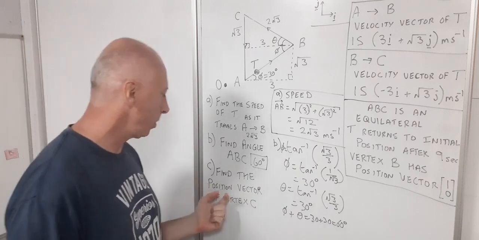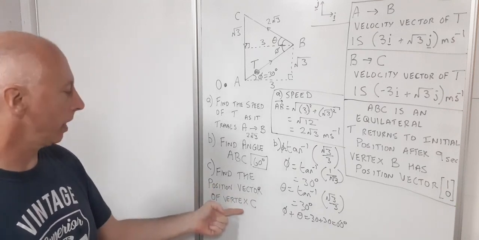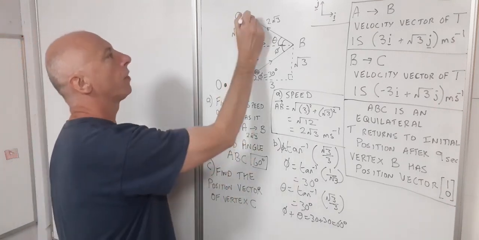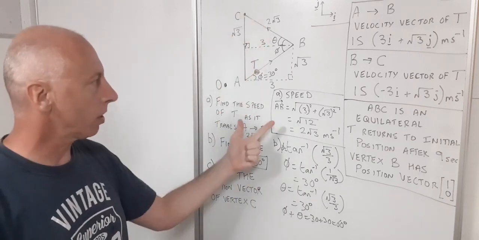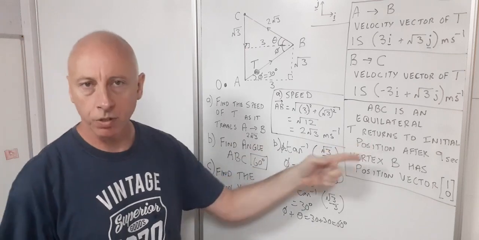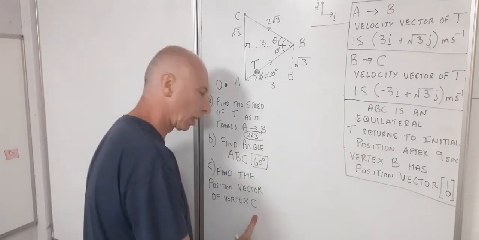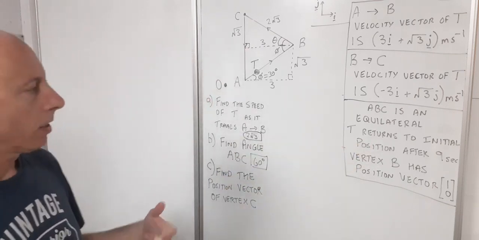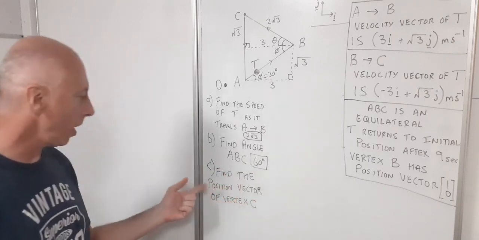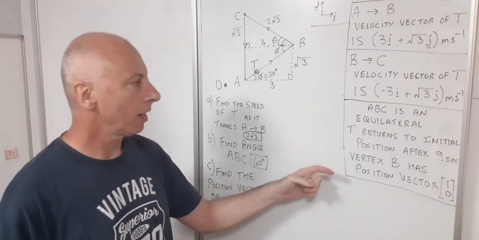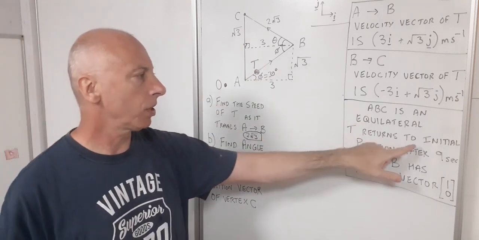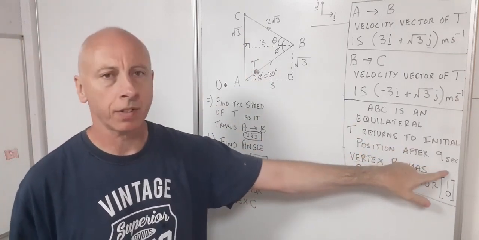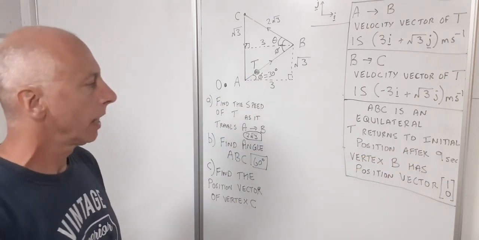Now we want to find the position vector of vertex C. So this part here. So what we do is we take this off the board and then we'll move on to this information here. Okay, so let's move on to part c. Find the position vector of vertex C. So we've got ABC is an equilateral triangle. T returns to its initial position after 9 seconds.